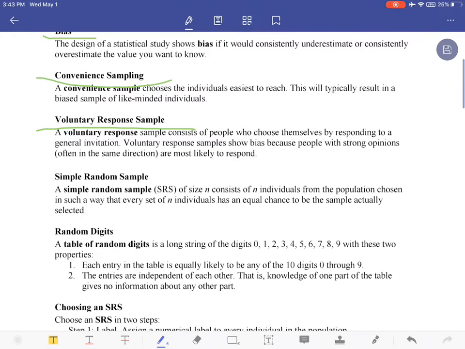And that's one reason that a lot of political polls sometimes can be inaccurate, because political polls are essentially voluntary response, because people can't be forced to tell you who they're voting for. It's a voluntary thing. So that's why sometimes political polls cannot be 100% accurate.